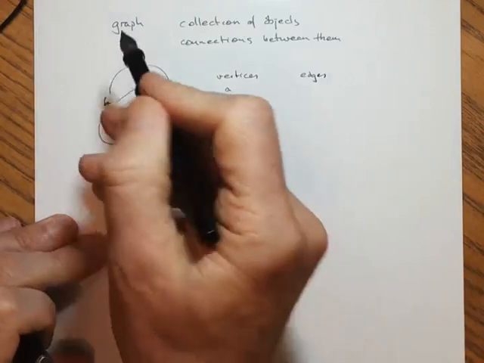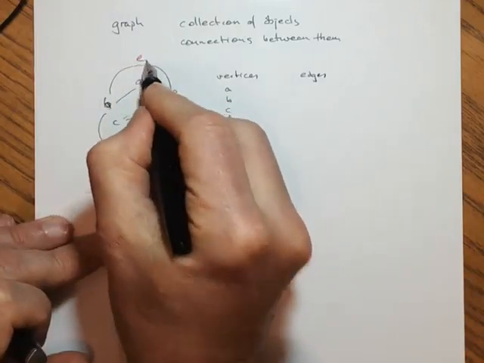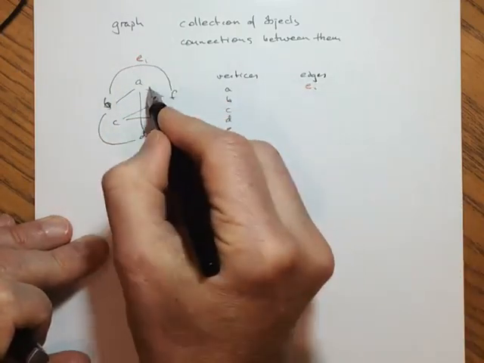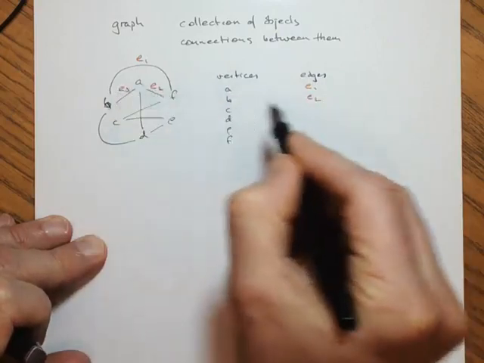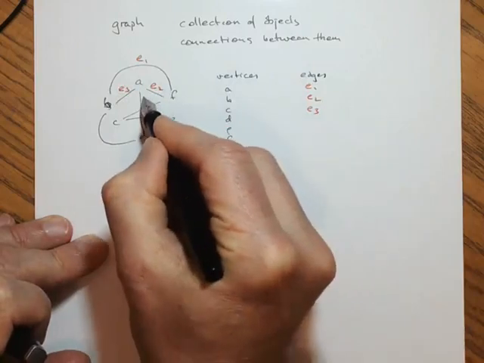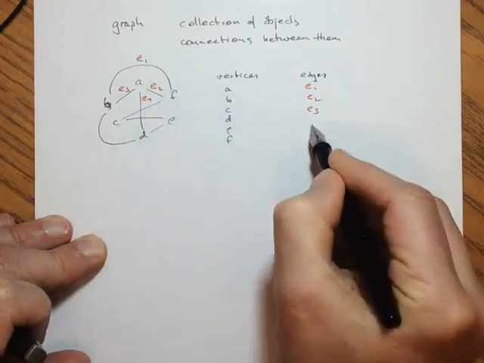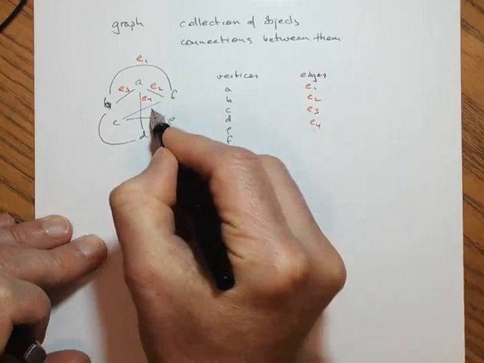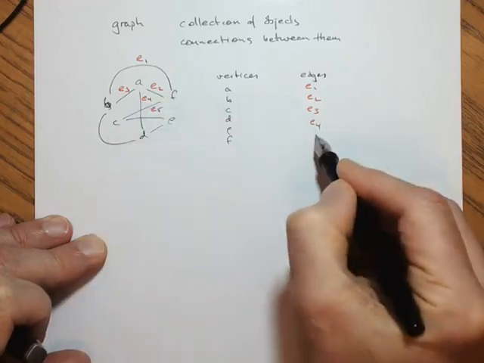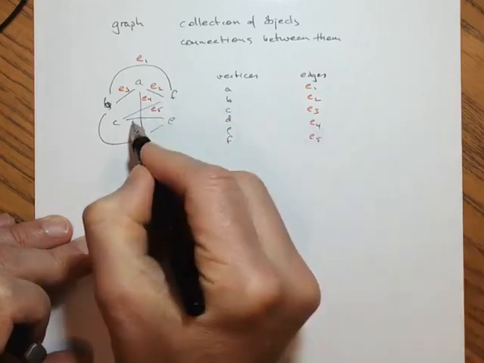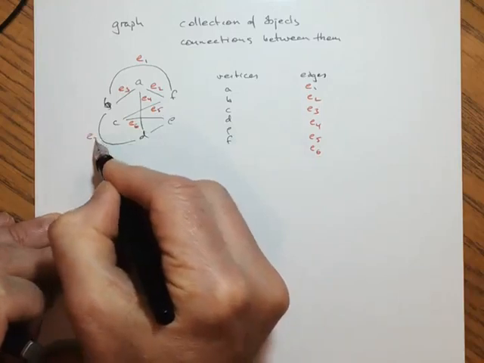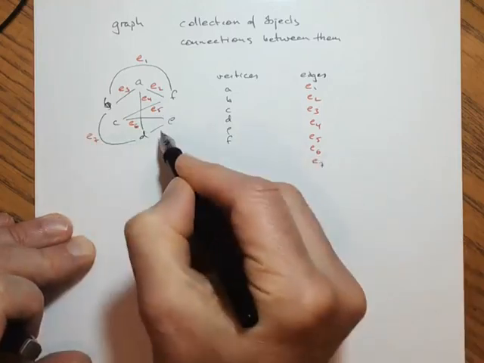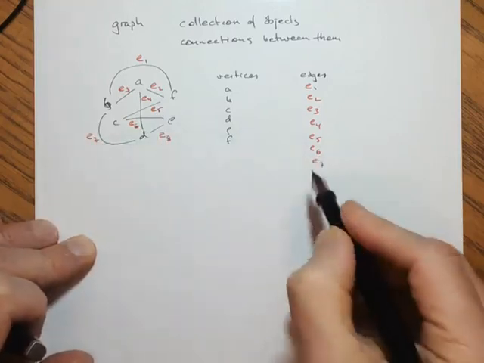So let's call this edge E1, let's call this E2, E3, E4, E5 is the one going from F to C, E6, E7 and E8.